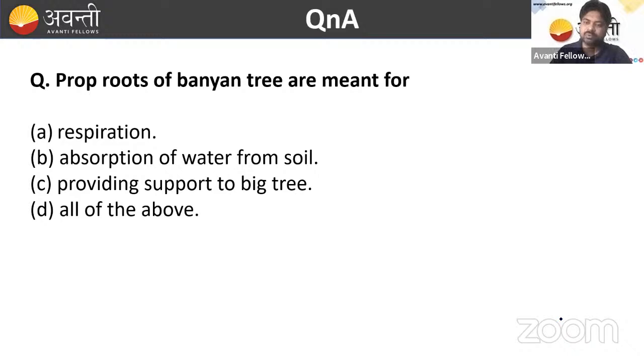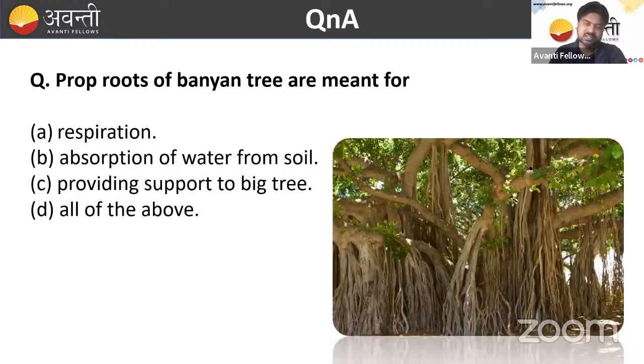Okay, I ended the poll. This is your result. Maximum people gave option D, but option D is not the answer. As per NCERT, this is the banyan tree, and here you can see the prop roots, and they provide support to the big tree. This is the correct answer.